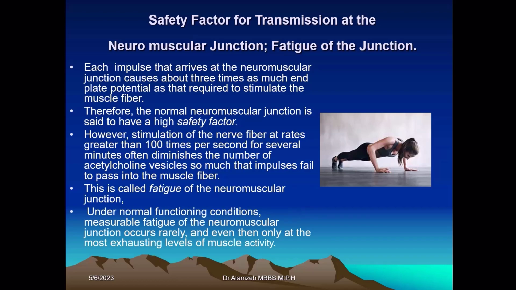Under normal conditions, measurable fatigue of the neuromuscular junction occurs rarely, and even then only at a most exhausting level of muscle activity. This prevents fatigue of the muscle in normal conditions, but in a stressful condition, the muscle goes into fatigue.